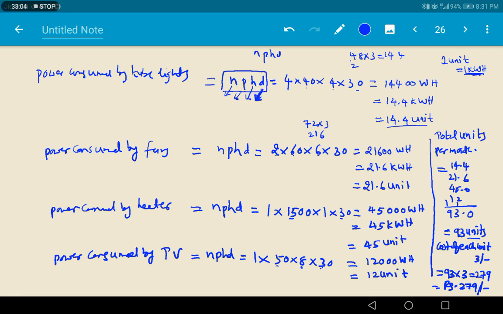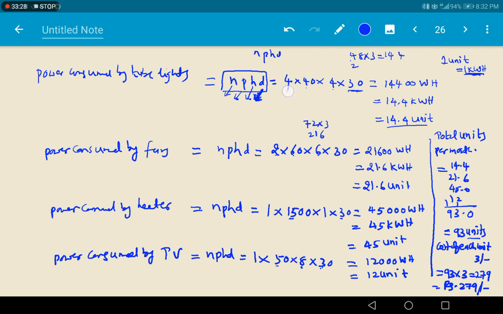You can take that or 30 days. If they asked for the month of January, 31 days. So like that you can decide the number of days. If they give directly 30 days or 28 days, you can use. Sometimes they will give the month of June, July; in that month, for that many days you can take the bill.